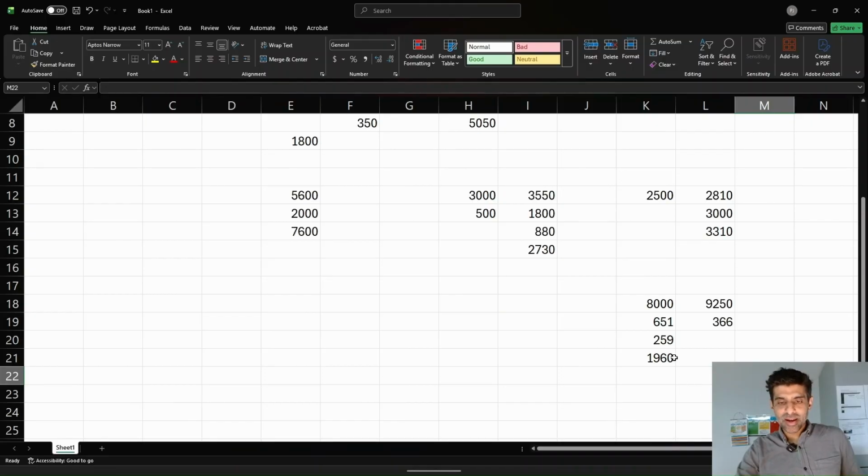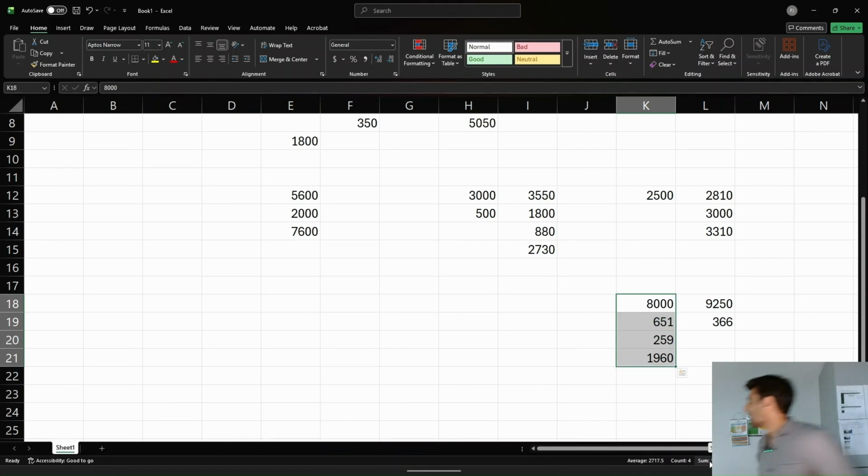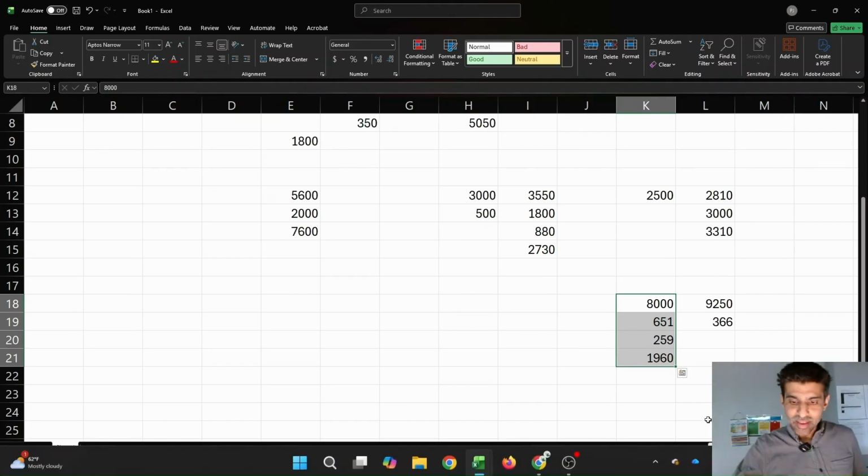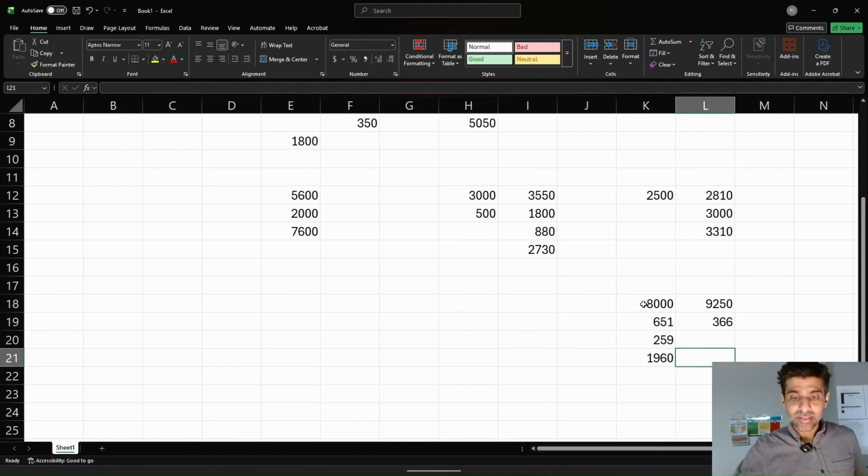Okay, so this one, it's a little closer. I'm pretty sure the left side is bigger, but one thing in Excel you can do just to get a quick sum is highlight the cells you want to add, and in the bottom left you can see it says sum 10,870, and this side is 9,916.